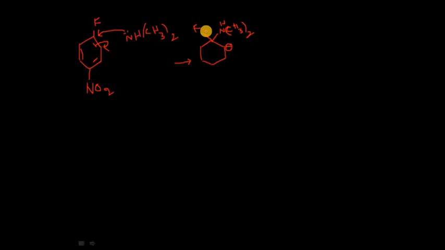Then what will happen? We'll be getting only 2 double bonds inside this. So in this case, we must remove hydrogen. Hydrogen H plus ion will be removed in this process.